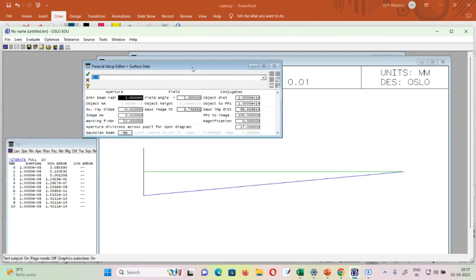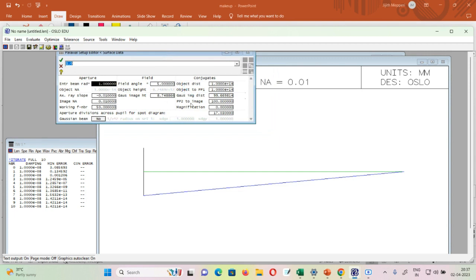This is actually the same thing which we are giving here. And if you are calculating the PP2 to image distance, principal plane to image distance is 100. So you can see that 99.669814 is actually an approximation.